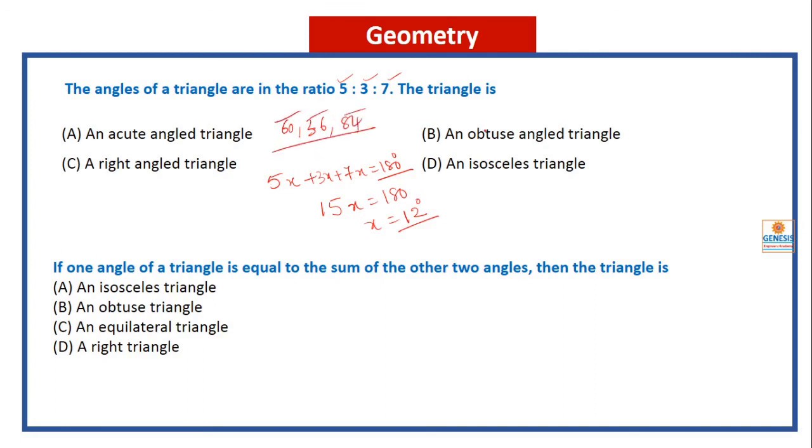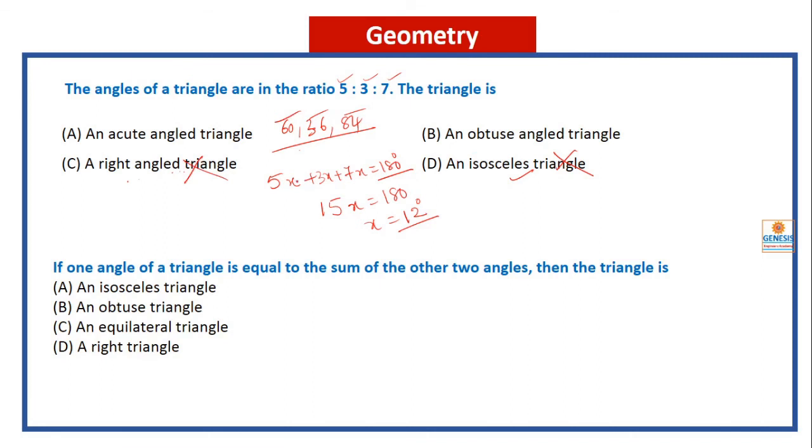So all angles are different, so the triangle is scalene. Here scalene is not given as an option, and isosceles triangle means if two angles are equal, I can say isosceles. So that answer is wrong. If it is a right angle triangle, one of the angles must be 90, and there is no 90.